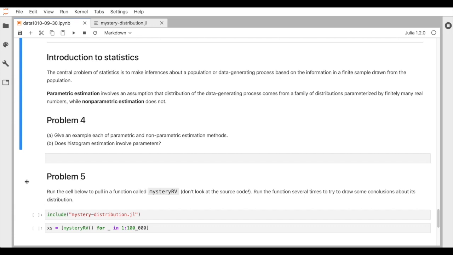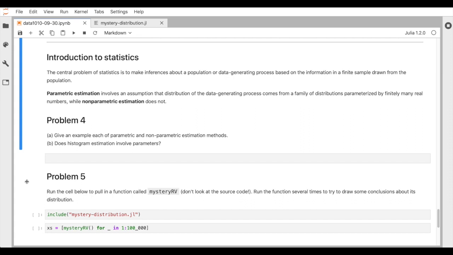So that's parametric estimation. And non-parametric estimation is just other stuff, where we're looking at the data, we're not bringing an assumption that it comes from some particular parametric family, we're just looking where the data fall and trying to use that to reconstruct what the probability measure is. So we'll see examples of both of those things.